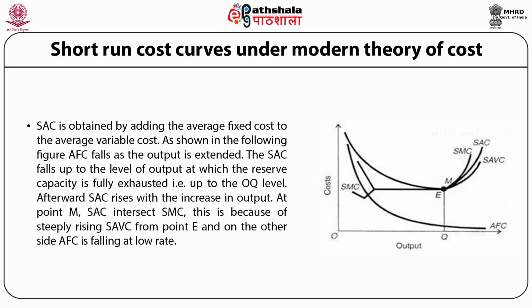At point M, SAC intersects SMC. This is because of steeply rising SAVC from point E, and on the other side AFC is falling at a low rate.